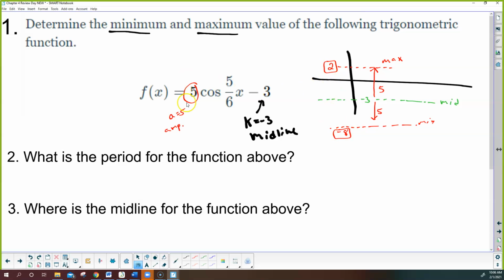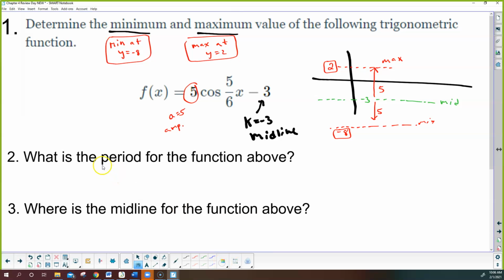So I now know, just from looking at this, I don't really need a graph, but you could sketch one if you need it, the minimum is at the equation y equals -8. And the maximum is at y equals 2. Okay? So I would recommend drawing a graph here if you need it, but you don't have to.